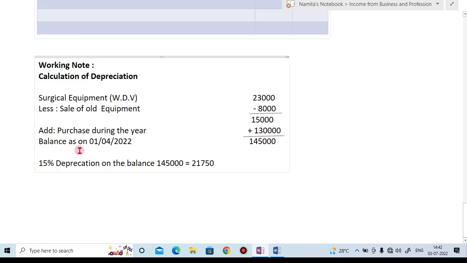Balance as on 1st April 2022 is 1,45,000. On this 1,45,000 there is 15% depreciation. So 15% depreciation on the balance 1,45,000 is 21,750.